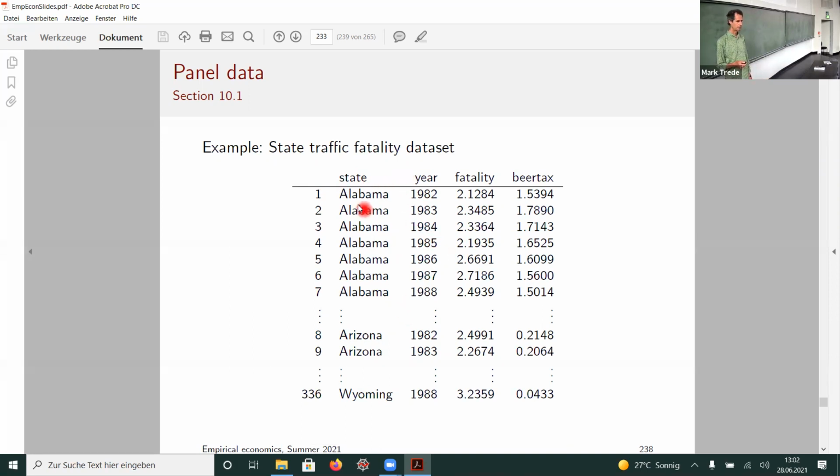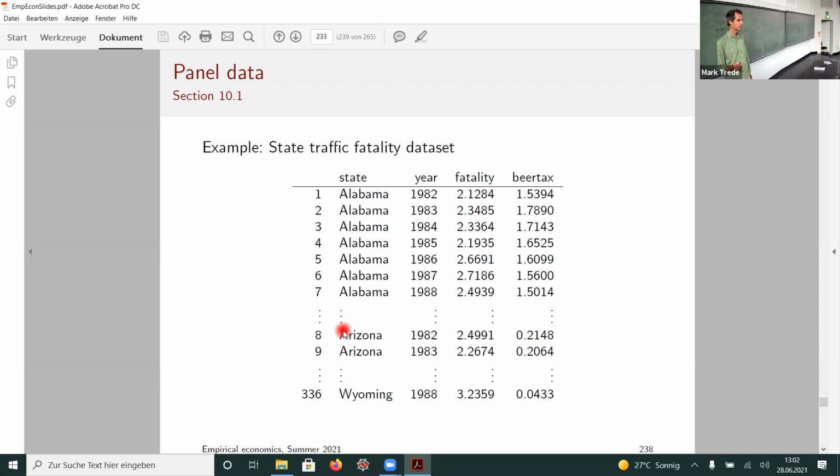So in Alabama, in 1982, we observed these two values. In the same entity in the next year, we observed these two values. And in 1988, we observed these two values. This is all for Alabama. Then these dots apparently are wrong.